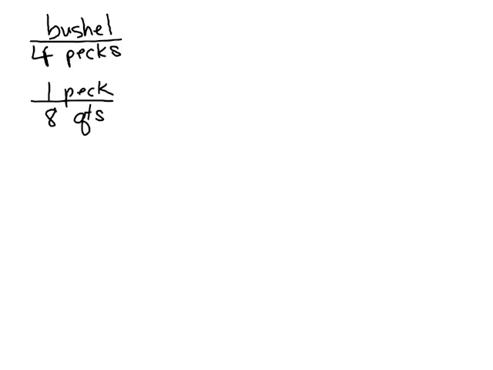How many ounces are in 1 bushel? So what do I first start with? I start with 1 bushel. And there's 4 pecks over 1 bushel. What I know about bushels is 1 bushel is equal to 4 pecks.